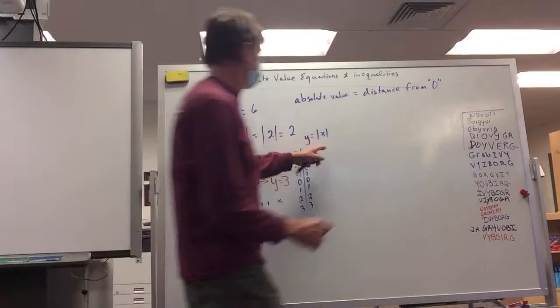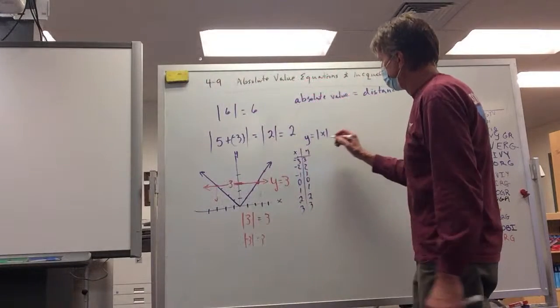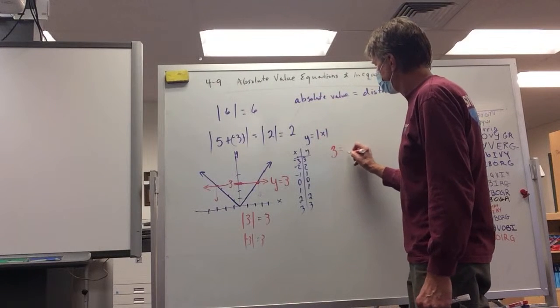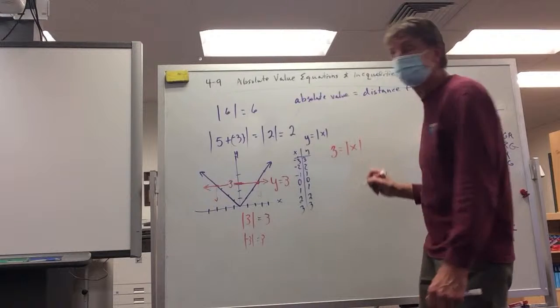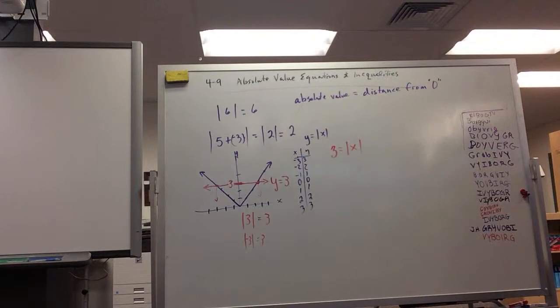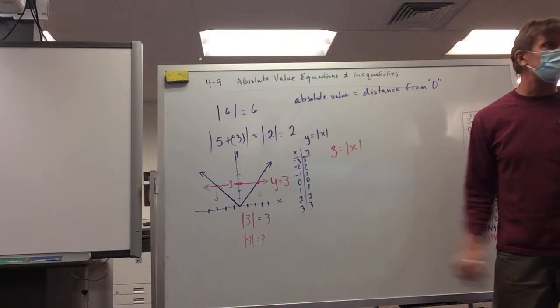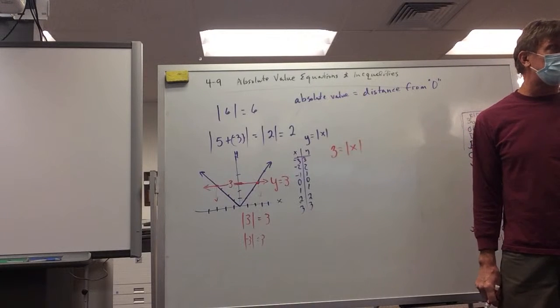So in this equation over here, if 3 is equal to the absolute value of x, this is a big concept. If we think backwards, we're asking ourselves, what numbers could x be that give 3 for an absolute value?